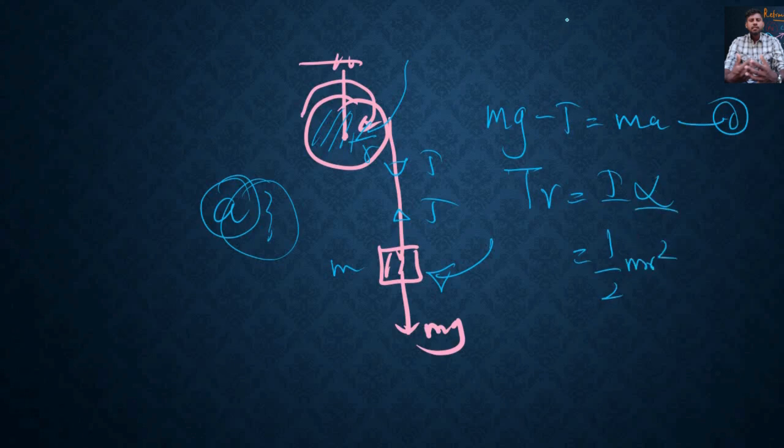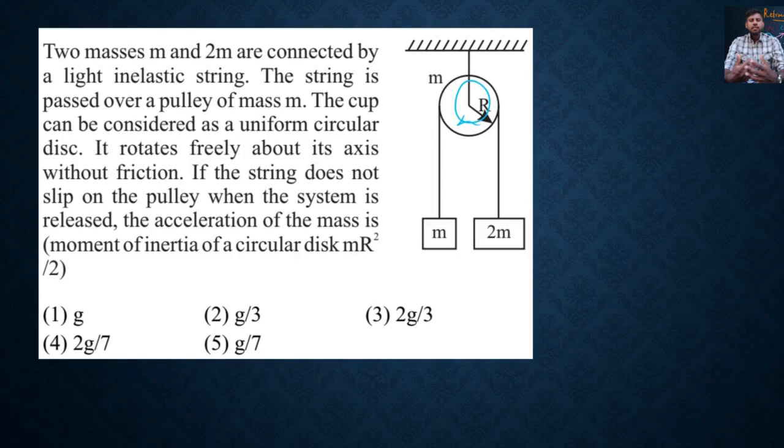Since a equals r alpha, alpha equals a over r. So we can write a over r and T into r. From these two equations, as simultaneous equations, we can easily find the tension or the acceleration. That's the method we are going to apply in the question given here, right?